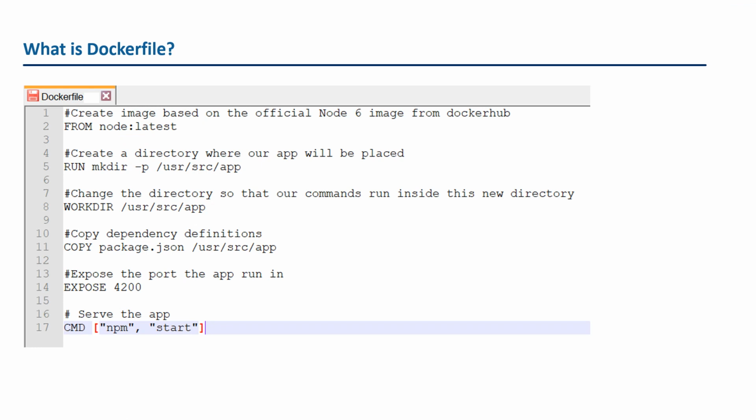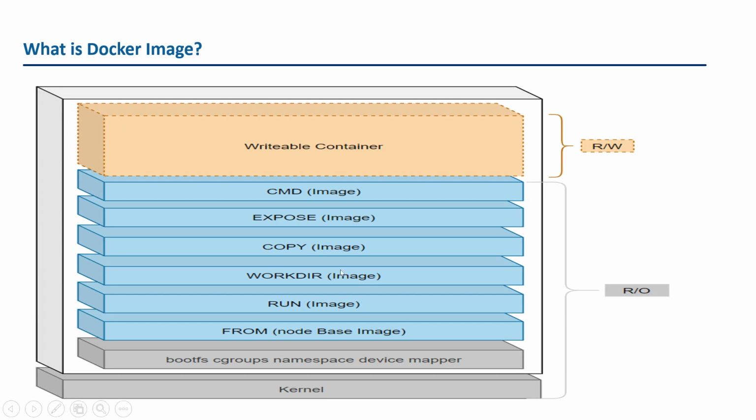Take the Dockerfile we discussed: FROM node:latest, then RUN mkdir, then WORKDIR, then COPY package, then EXPOSE, and then CMD. Altogether that is FROM 1, RUN 2, WORKDIR 3, COPY 4, EXPOSE 5 and CMD 6, so six layers in the image, and all of them are read only.